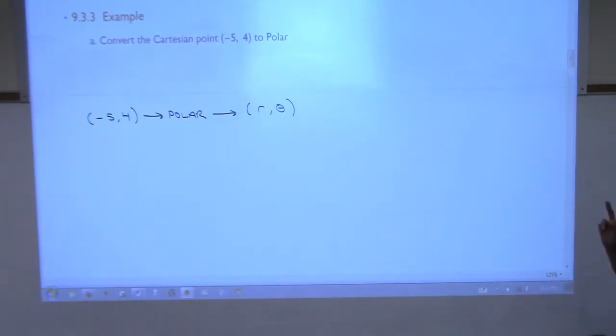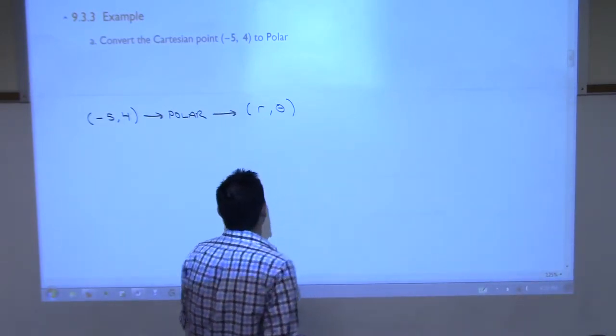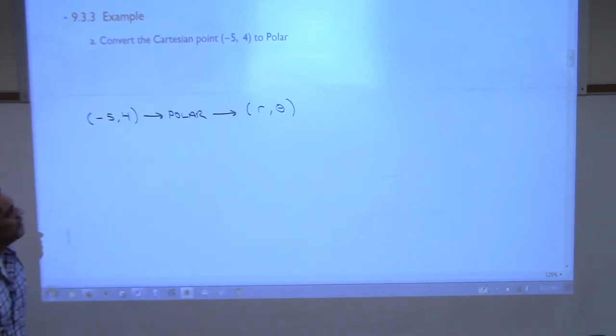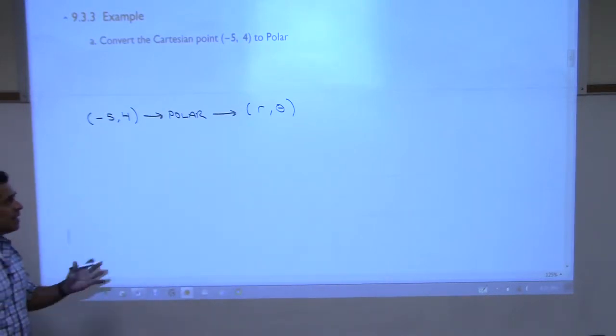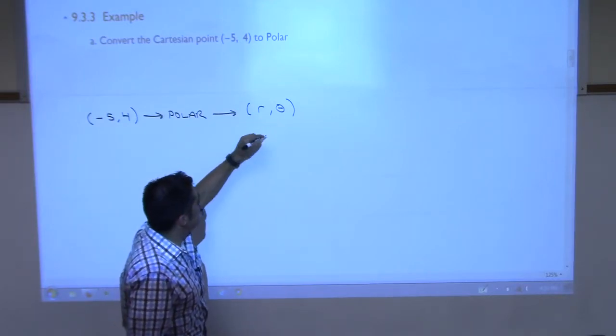Absolutely, it's still an ordered pair. We always do r first, then theta. It's always r, then theta. It's never theta, then r. It's the standard practice, the accepted order. But these would mean two different things.